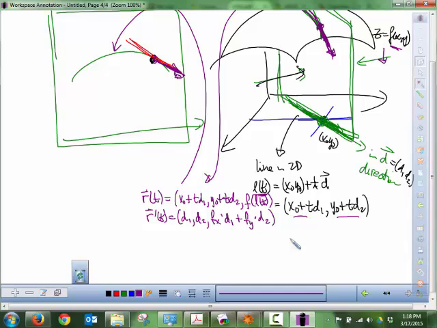Looks like a dot product of two things, doesn't it? It looks like the dot product of fx comma fy dotted with d1, d2. So it looks like that's our tangent vector. It's not quite the slope yet, though.